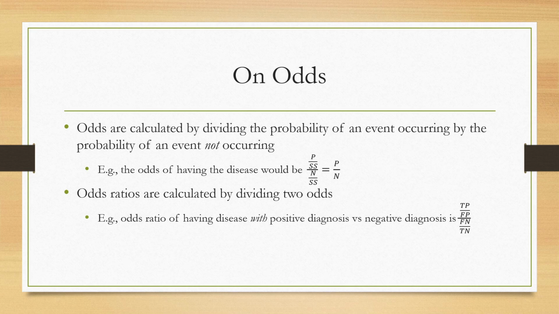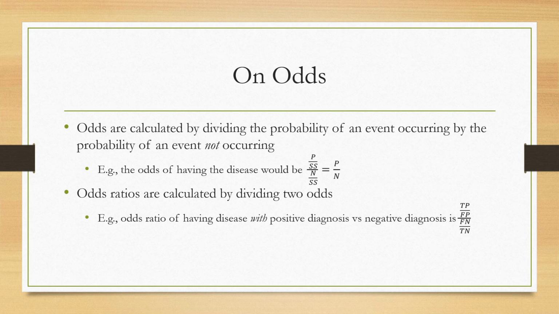This group is X times more likely to have the disease than not. So that's the risk ratio interpretation. You are 8 times more likely to have the disease with a positive diagnosis than with a negative diagnosis. That's our risk ratio. The odds ratios are not that. Odds ratios are much more confusing and complicated.